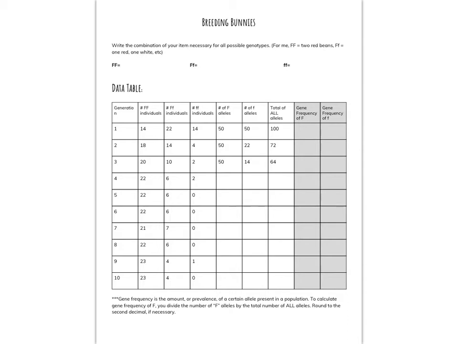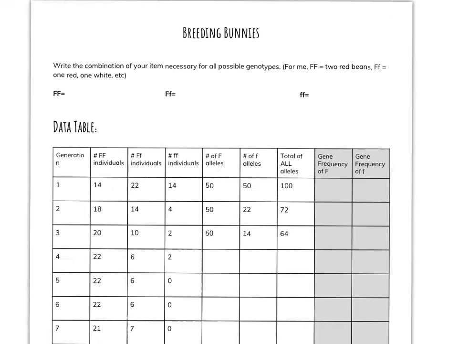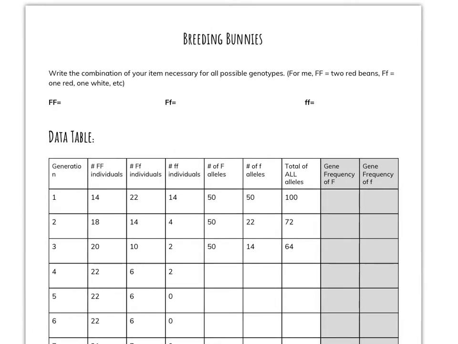So remember for this lab, the breeding bunnies lab, we were looking at a population of rabbits in England that had a recessive trait that made them hairless. Okay, so the recessive genotype is going to be little f, which if you did the pre-lab, you should have identified that.